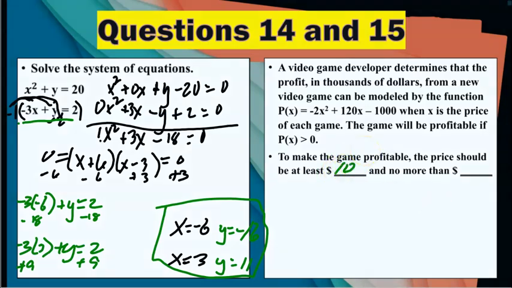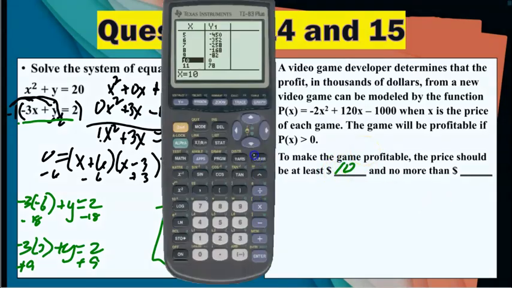And to find our other 0, if we scroll down even more, numbers are getting bigger on the y side. And now it's starting to go down, and we want to go back down till we get to 0 and 50.